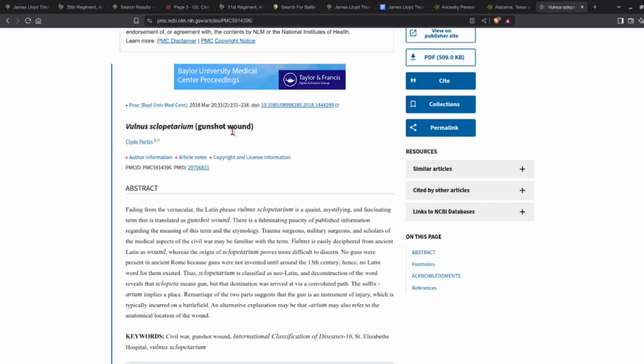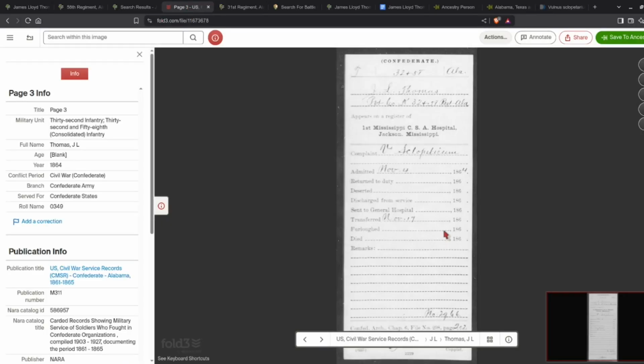So he was wounded. It's hard to say if he survived that or not. If he was transferred, you would think that he survived, but there was still another several months of the war, and those hospitals were not good places to be. Rampant infection. So there's a good chance that he did die.